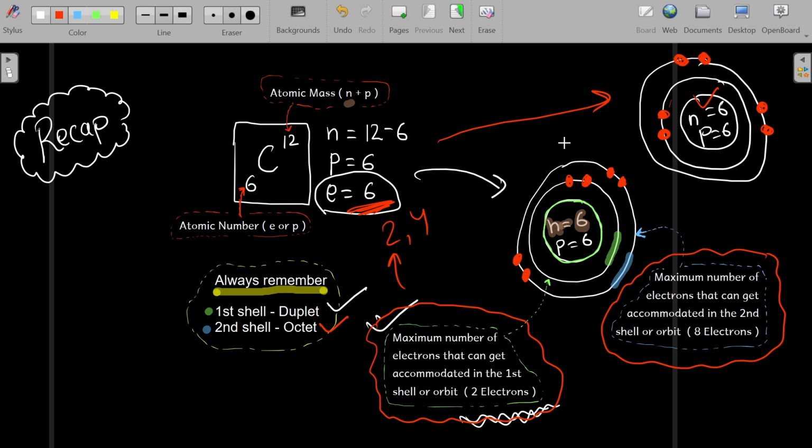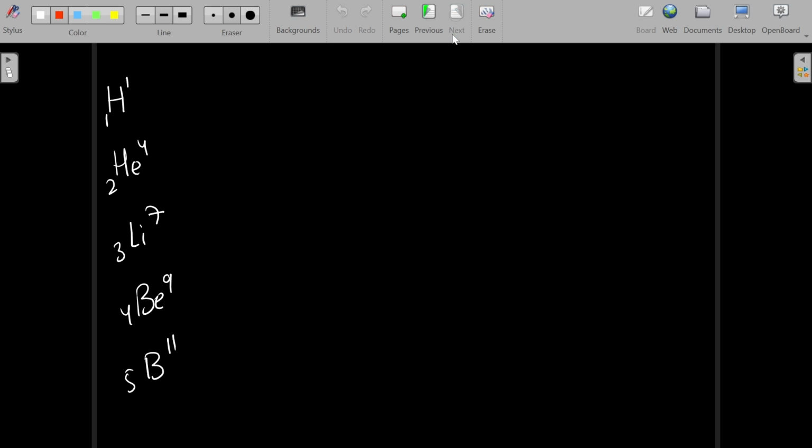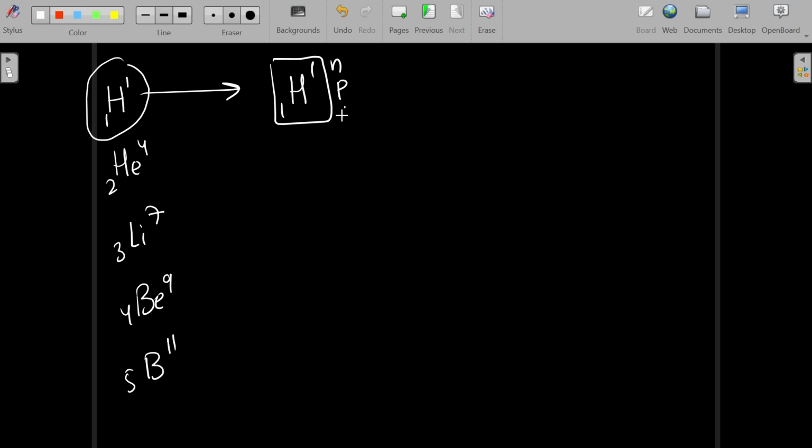I hope this was easy and we'll move forward with a lot of practice problems now. As we move forward, you can see over here that we have got hydrogen, right? So for finding out hydrogen's subatomic particles, the rule is simple.